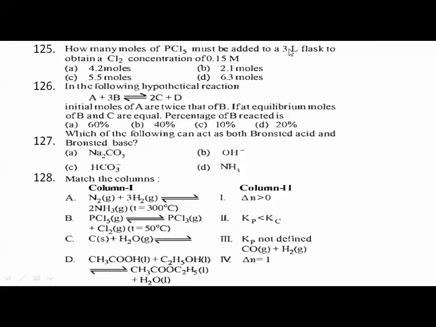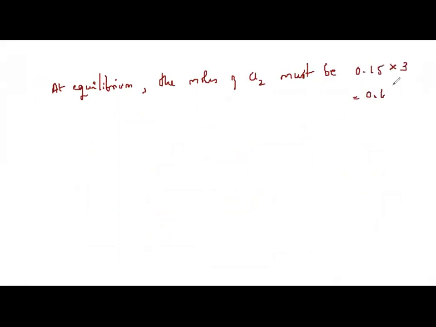PCl5 must be added to a 3-liter flask to obtain a Cl2 concentration of 0.15 molarity? Okay, let us solve it out. At equilibrium, the moles of Cl2 must be, according to our question, 0.15 into 3, that is nothing but 0.45.